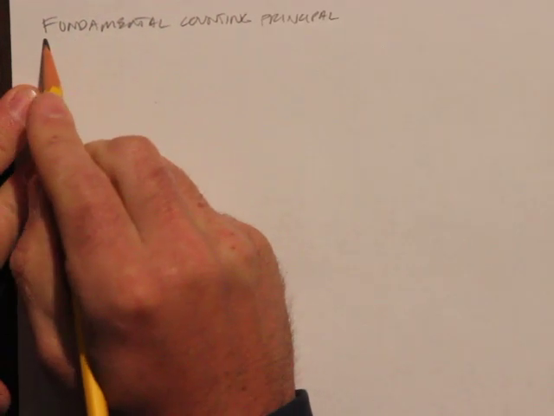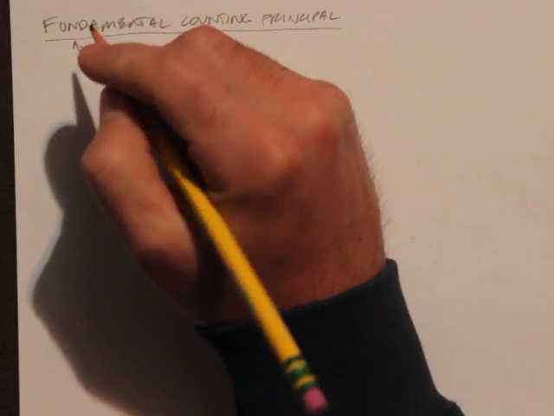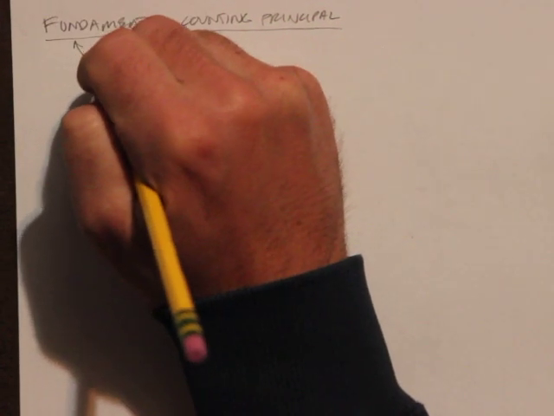And we use this to find the number of possible outcomes.